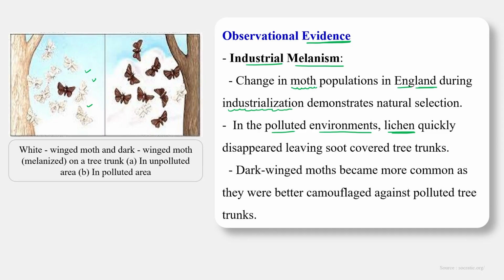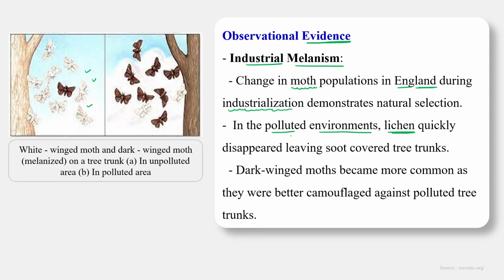Slowly, the dark winged moths became more common as compared to light winged moths. If you analyze this change, you can say that this observation is evidence of how a changed environment selects a suitable species or variety that performs better in that environment.